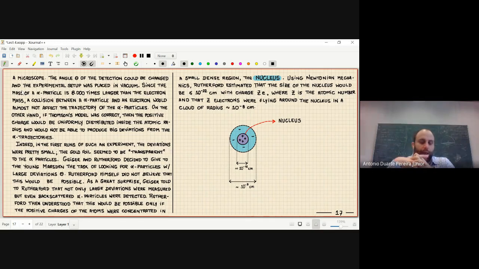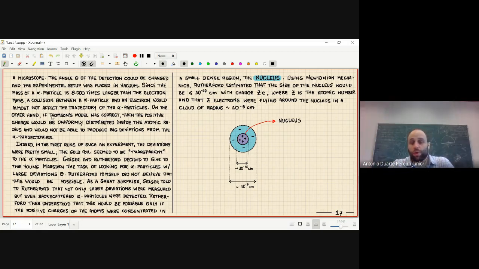Because this mass is way bigger than the mass of the electron, you can think that these very massive particles will hit the electron and almost nothing will happen to them, because the electron has a very tiny mass compared to the alpha particles. So the alpha particles will collide with electrons and they will essentially not suffer any deviation from the initial trajectory.